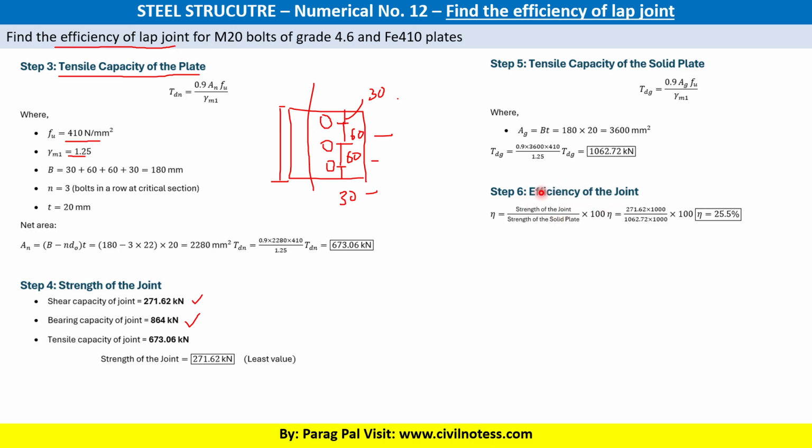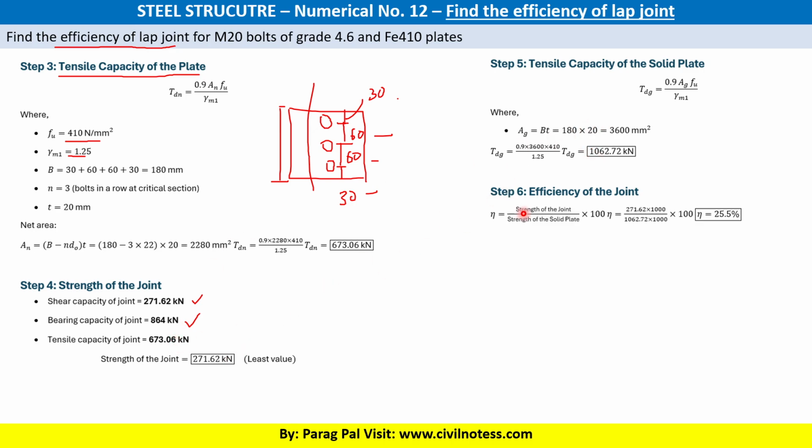Okay, now let's calculate the efficiency. To calculate the efficiency, you do not just calculate the strength of the joint, you also require the tensile capacity of the solid plate, which is the highest one among these.